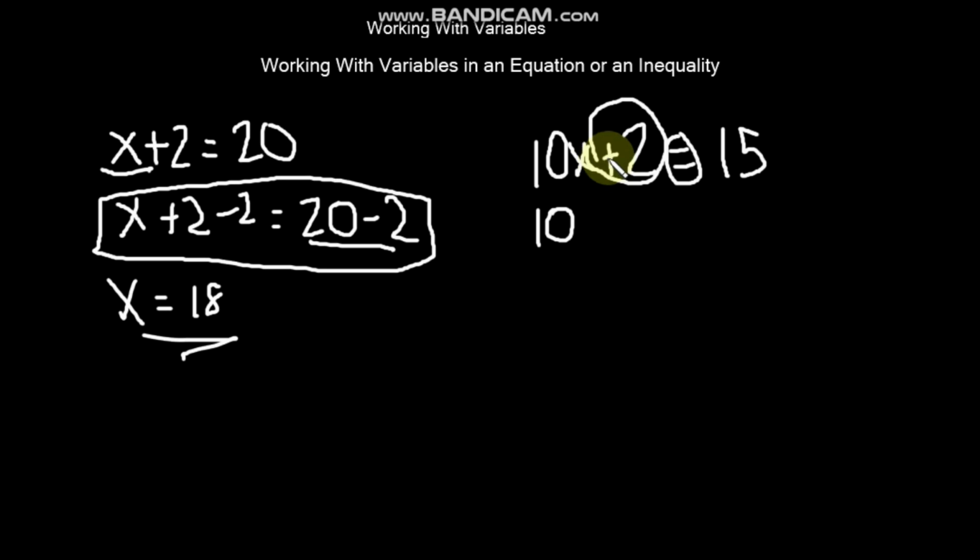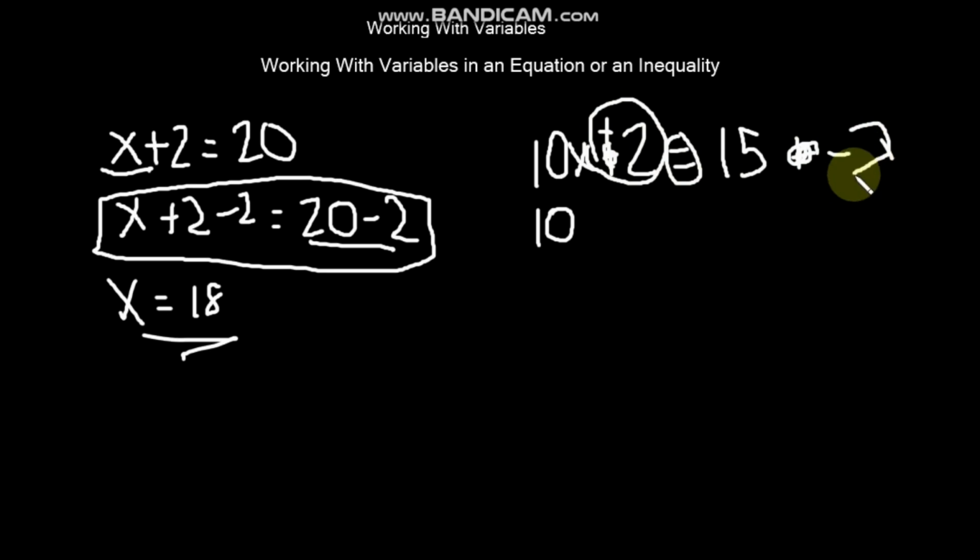For example, if this was minus, on the other side it would be plus, and vice versa. So this was plus, right? So this is minus.